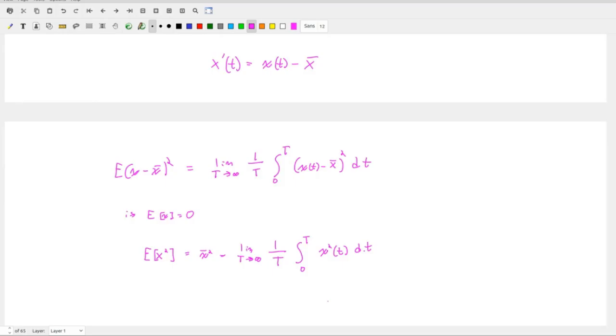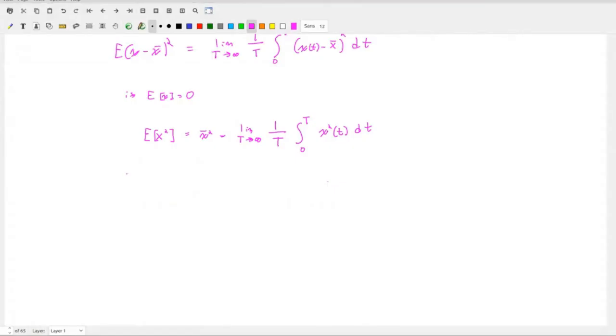So this leads to the calculation of the RMS of the signal, the root mean squared of the signal. So the RMS of the signal is x RMS, equal to the square root of x bar squared.